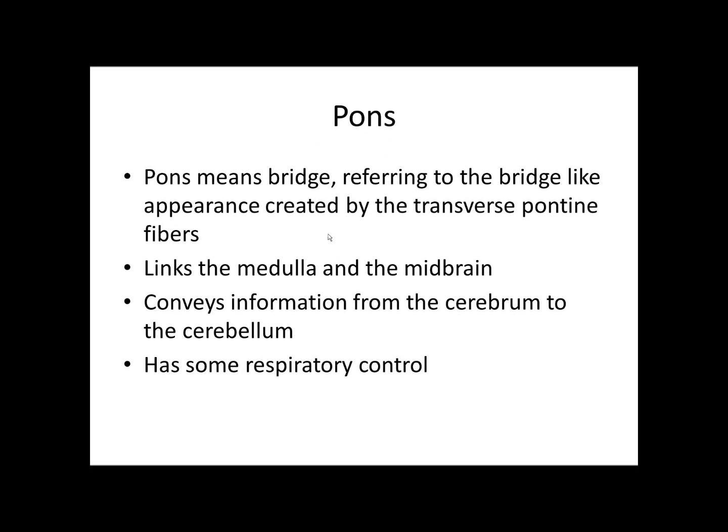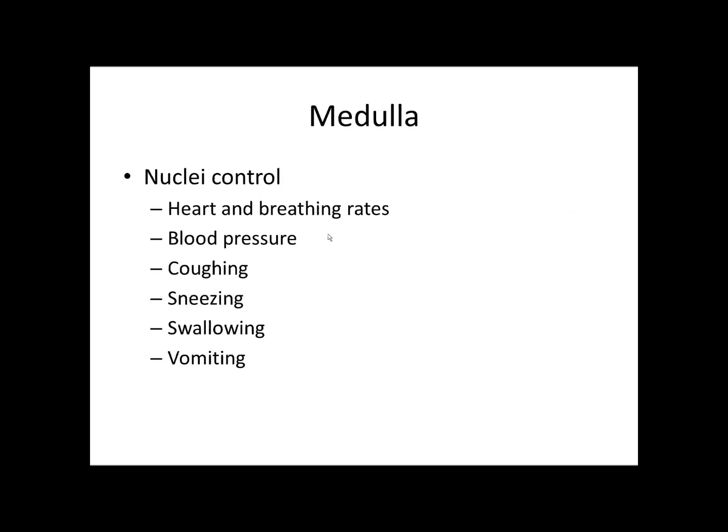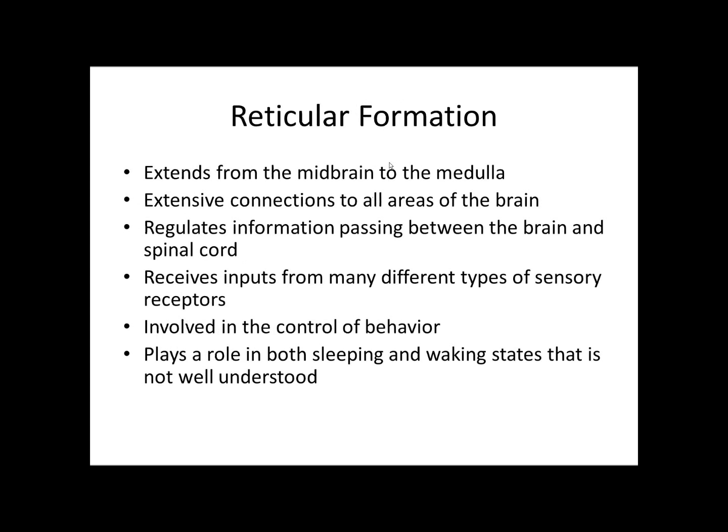If the damage reaches this level, then it's probably pretty difficult for the person to breathe independently. The medulla has nuclei that regulate heart and breathing rates. Again, these are very basic functions. Blood pressure, coughing, sneezing, swallowing, vomiting, all these are to some degree controlled by structures that reside within the medulla.